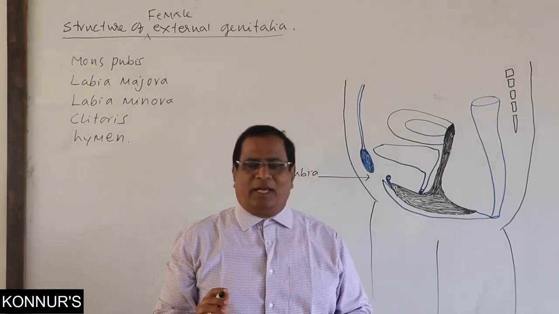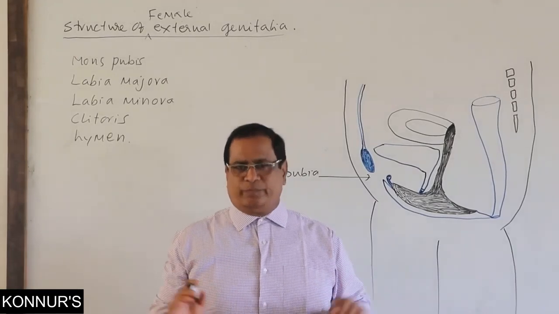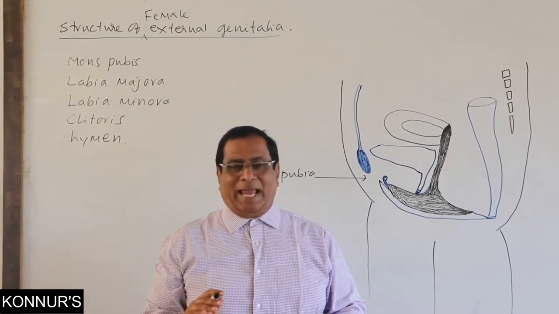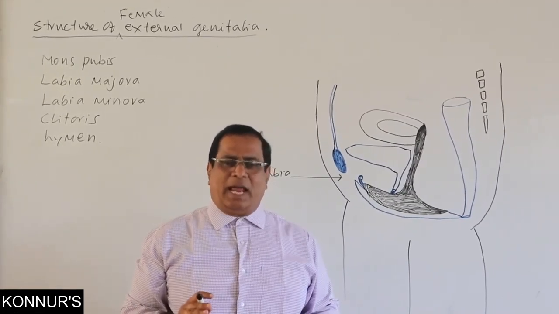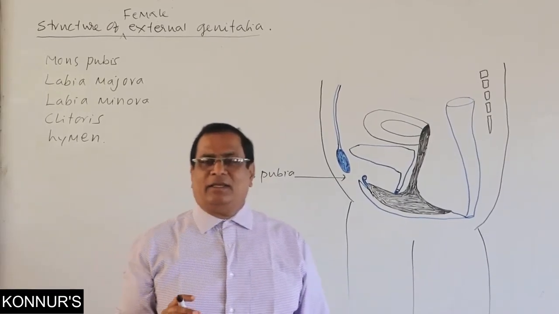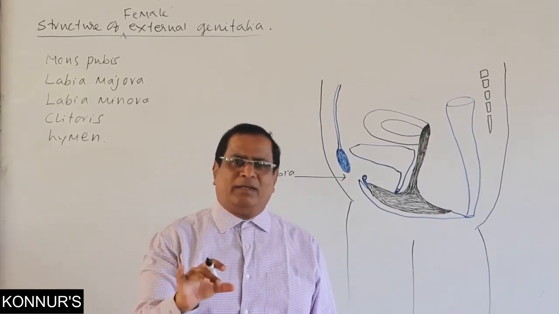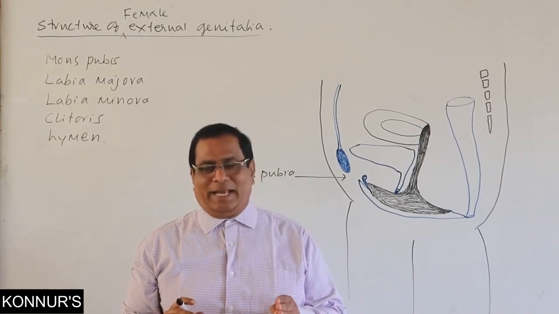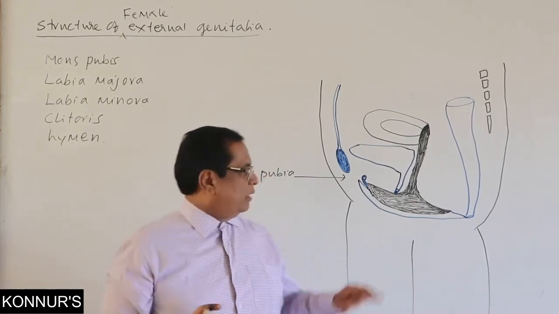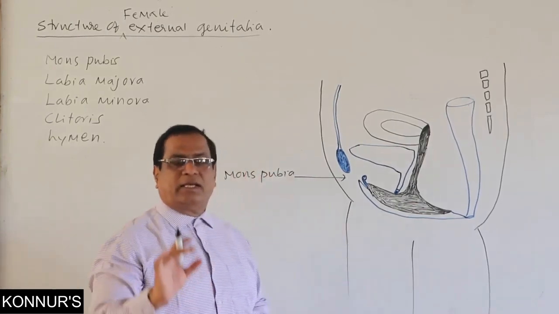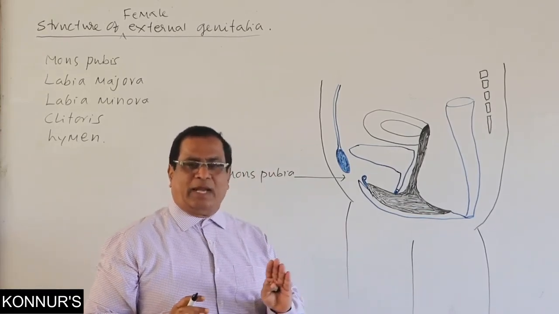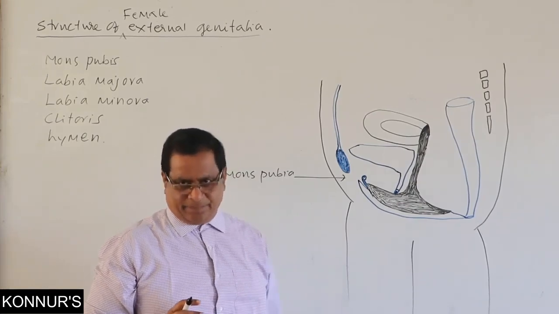It is a cushion of fatty tissue, a tissue filled with fat, and is covered by skin and pubic hair. Pubic hair means the hair which appears at puberty, at adult age.